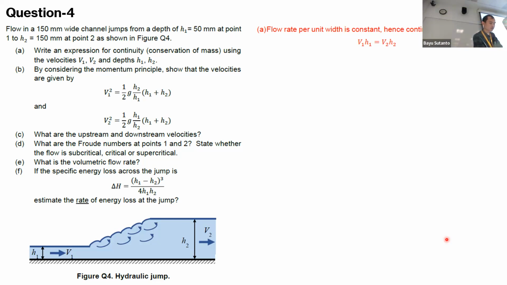So V1 A1 must be equal to V2 A2. Because A is W times H, where W is perpendicular to our screen, we have V1 W H1 equal to V2 W H2. Taking out the W, we have V1 H1 equal to V2 H2. So at the end, from the mass flow rate equation, we get this correlation.